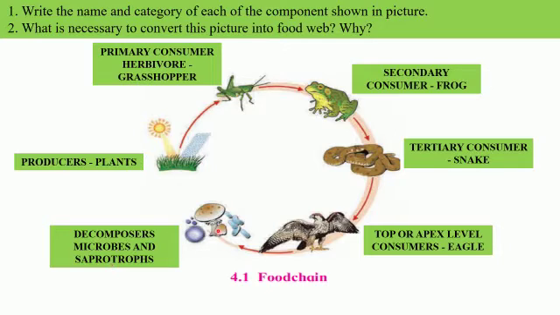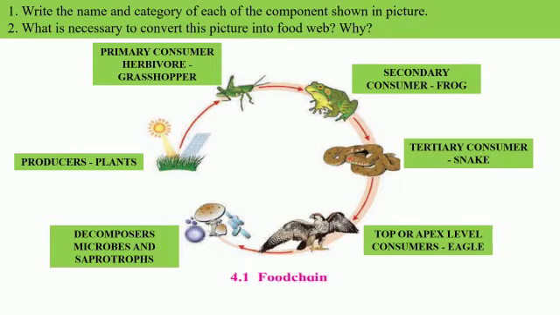So these are the decomposers, that is bacteria and fungus, which bring about the decomposition of dead and decaying organic matter. And that is how they are the ones which are responsible for returning the nutrients into nature. So it is due to the decomposers that the nutrients return back to nature.